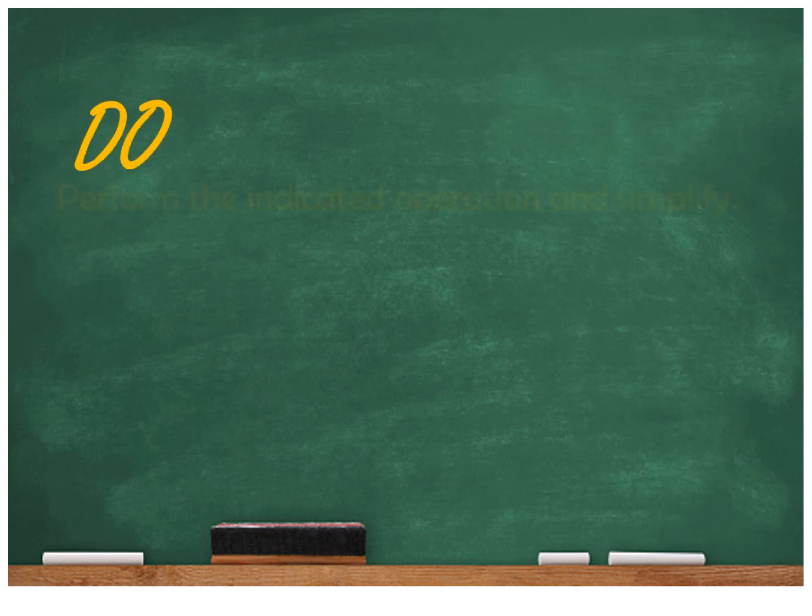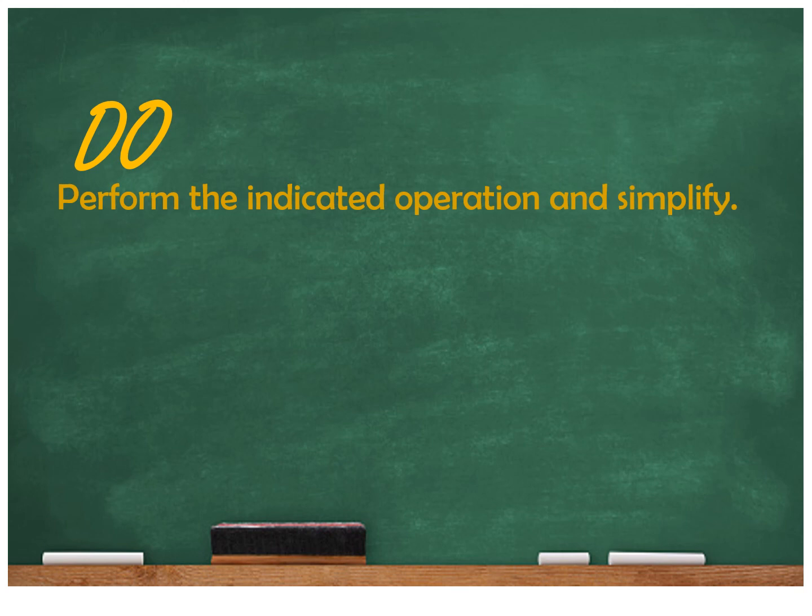Performing the indicated operation, again using the formula S sub n equals a times the quantity 1 minus r raised to n all over 1 minus r, we substitute 2 for a, 3 for r as the common ratio, and 5 for n, or the number of terms.